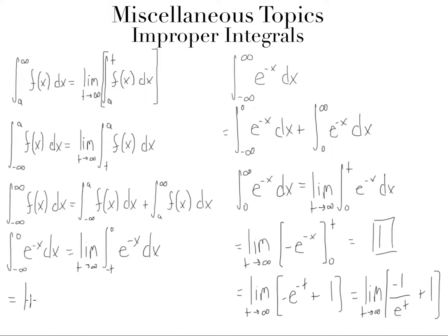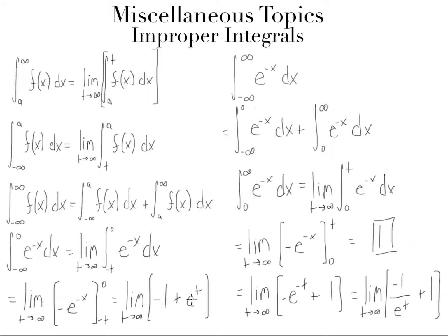Now this is equal to the limit as t goes to infinity of minus e to the minus x evaluated from negative t to 0. This is equal to the limit as t goes to infinity of minus 1, since we just plug in 0, plus e to the t.